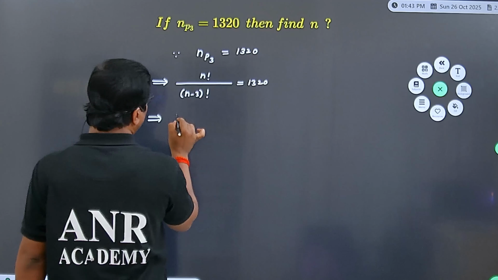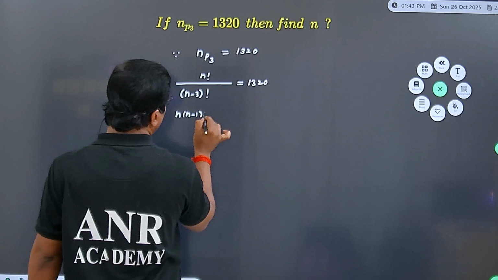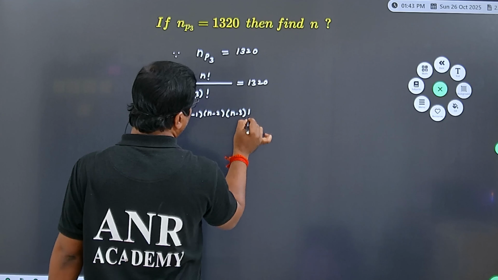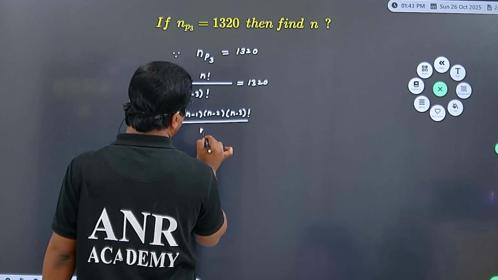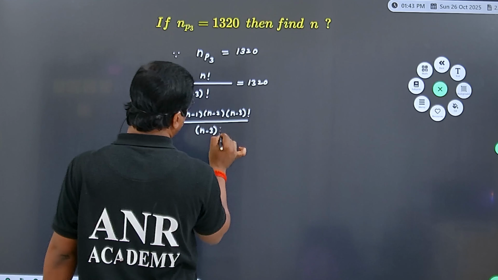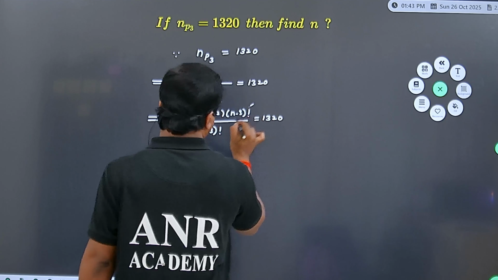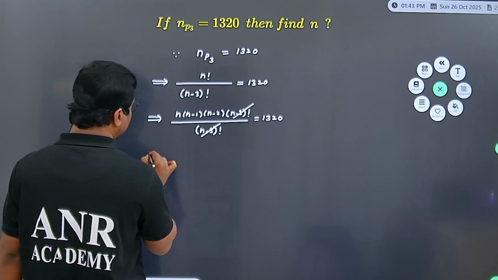Numerator n factorial written as n of n minus 1 of n minus 2 of n minus 3 factorial whole divided by n minus 3 factorial, that is 1320. n minus 3 factorial gets cancelled.